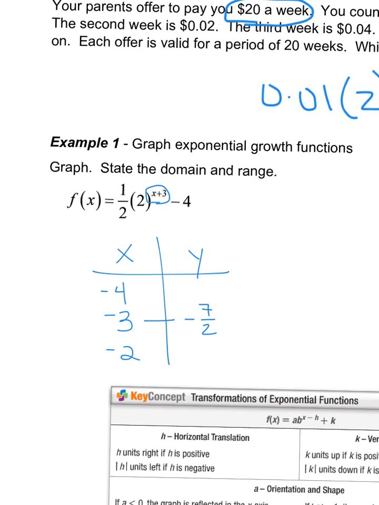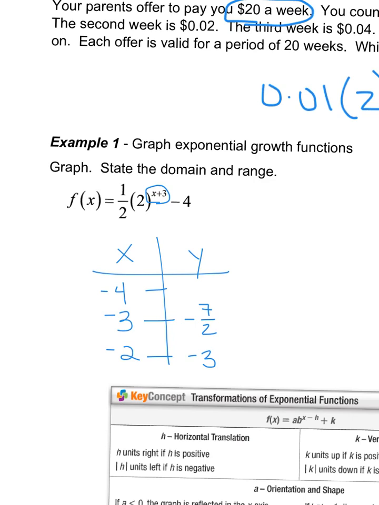All right. Grab the next number. -2 plus 3 is 1. 2 to the first is 2, times a half is 1. 1 minus 4 is -3. If I plug in -4, -4 plus 3 is -1. Okay, reminder, when we have negative exponents, that flips.